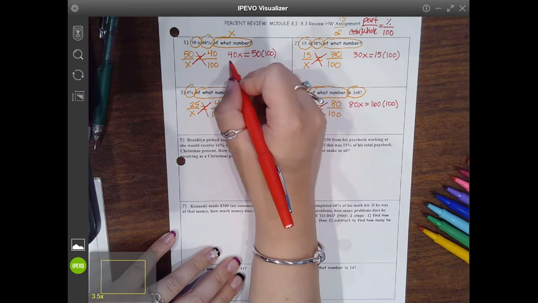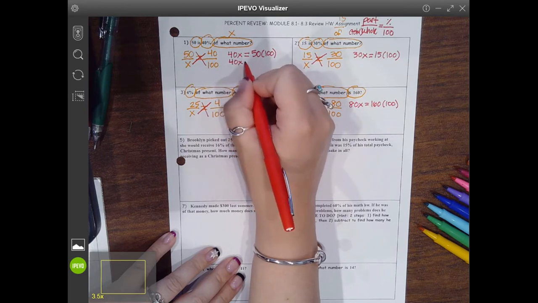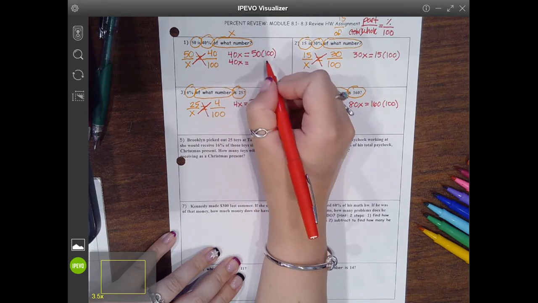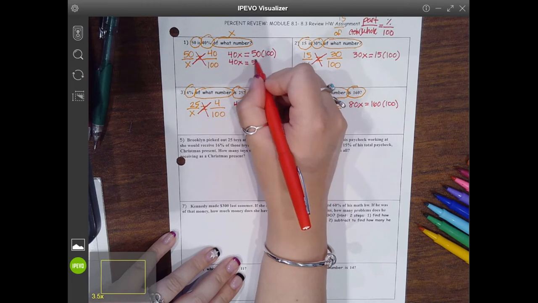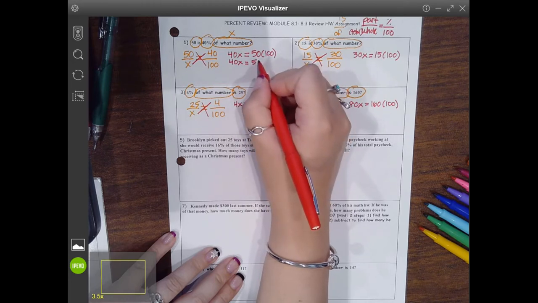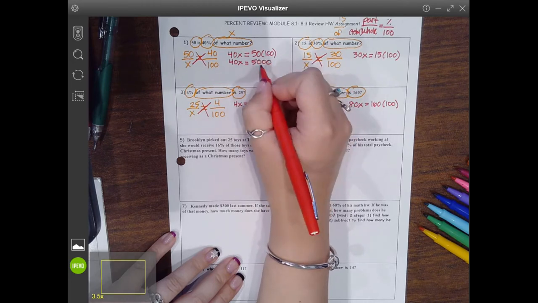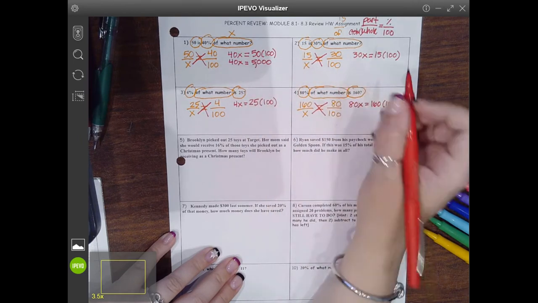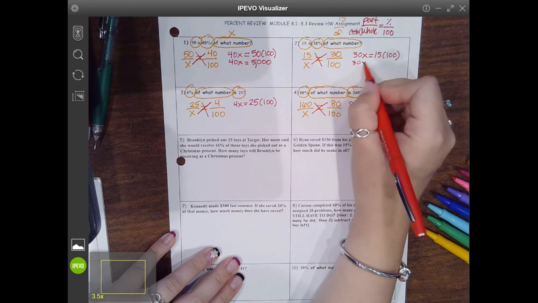Now that I have this, the thing that's attached to the x, I'm just going to leave alone. I can't simplify that anymore, but I can simplify the right side. 50 times 100 is 5 with 1, 2, 3 zeros at the end. So that's 5,000. Leave the 30x alone for now.